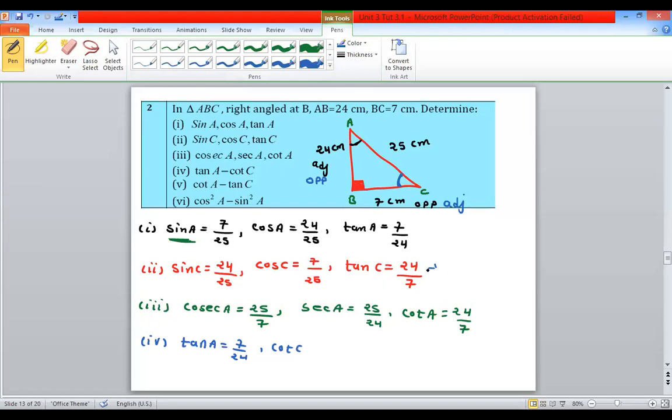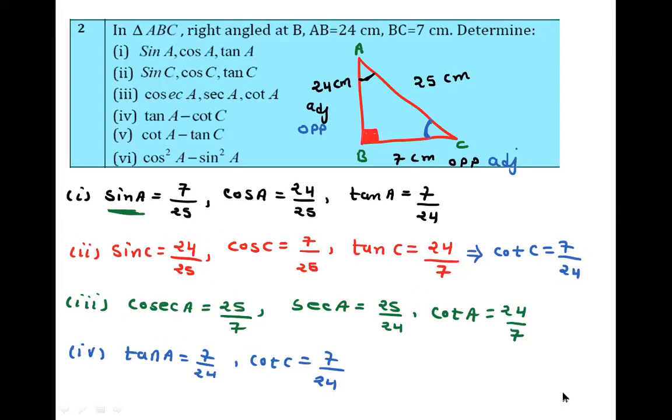You can easily find the reciprocal of the tan C, it's cot C. And just take the subtraction. So hope you got it. That student, tan A minus cot C is 0. Good.